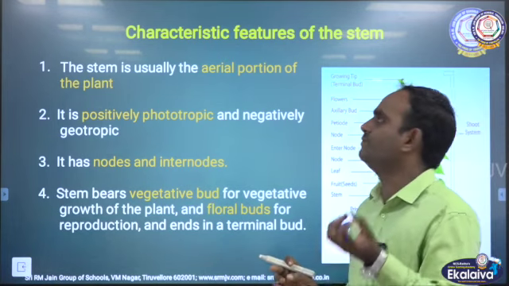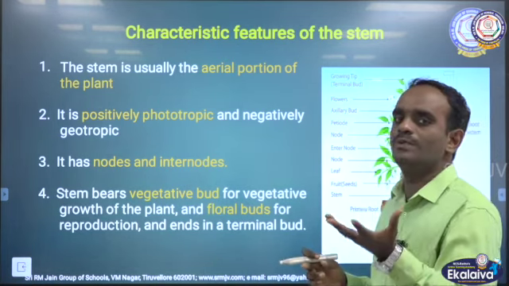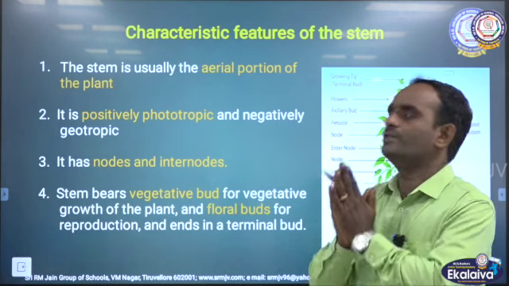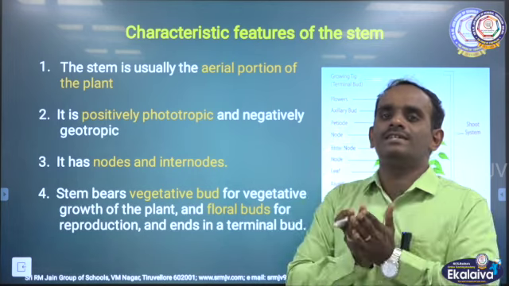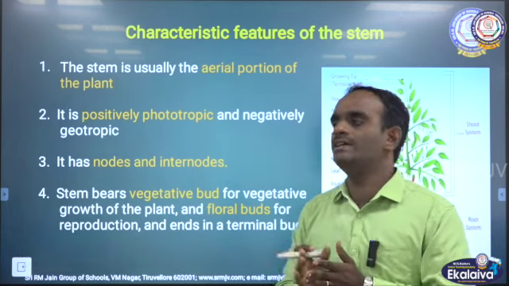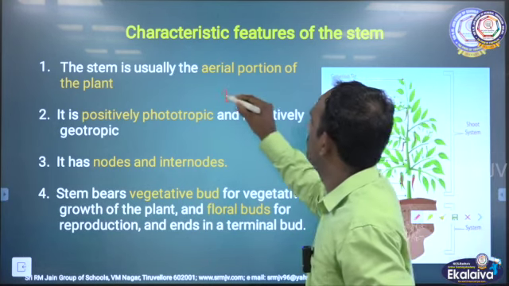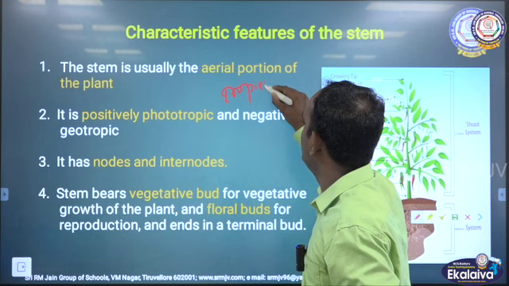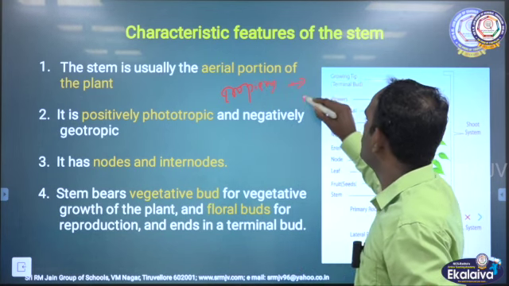Then, characteristic features of the stem. The stem is usually the aerial portion of the plant. So it goes towards the sunlight. It is positive phototropism. What is the meaning of phototropism? What is the meaning of tropism, children? Tropism is nothing but movement.